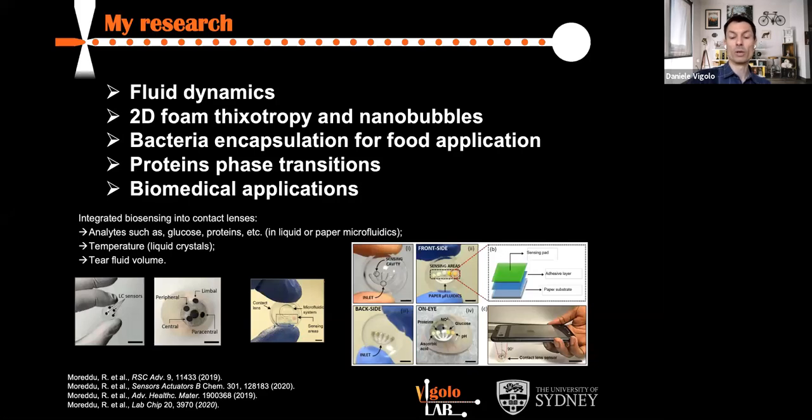We were really interested in incorporating biosensing into contact lenses, for example. And so we developed a series of different prototypes where we can measure a number of different parameters, again tightly connected to specific diseases or anyway to health monitoring.